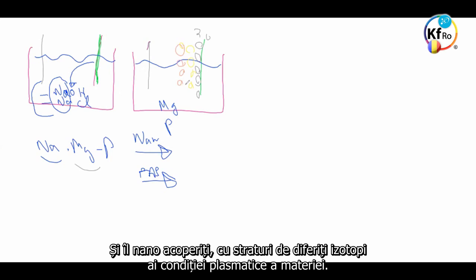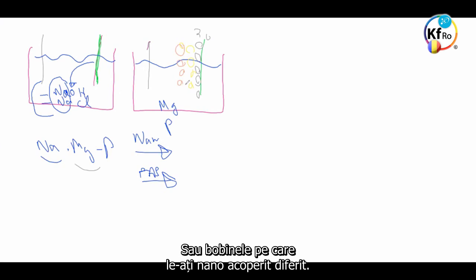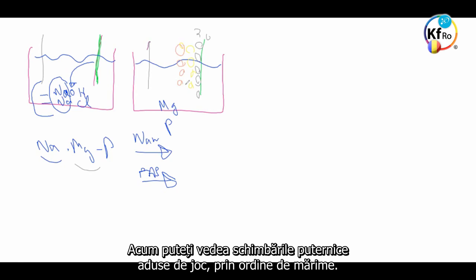And you nano coat it as the layers of different isotopes of the plasmatic condition of the matter. Now, you can fill this center with gases of your desire, or coils which you have nano coated differently. Now you see the power gain changes by order of magnitude.